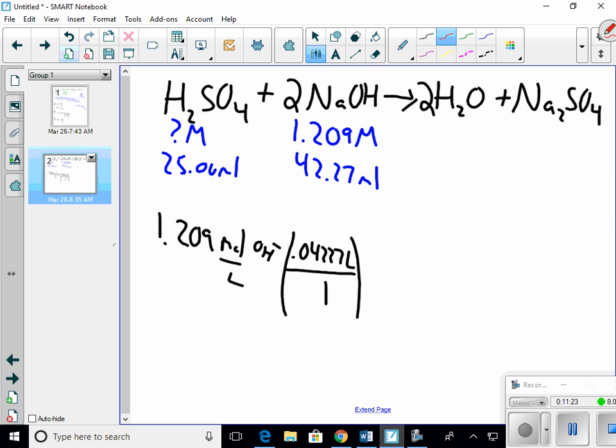But notice how then liters cancels out, top and bottom. I have moles of NaOH. Now I can convert to moles of H2SO4. And there's 1 H2SO4 for every 2 NaOH.